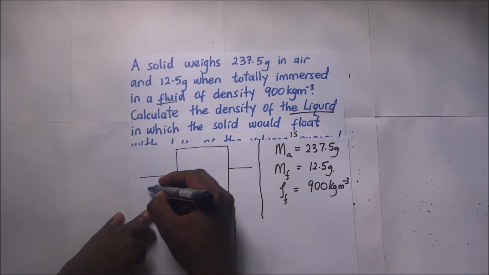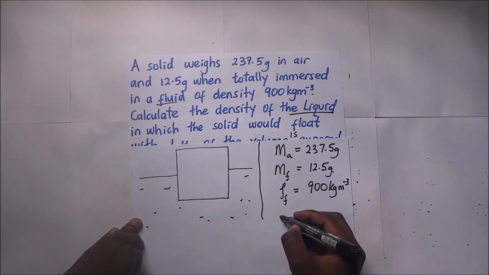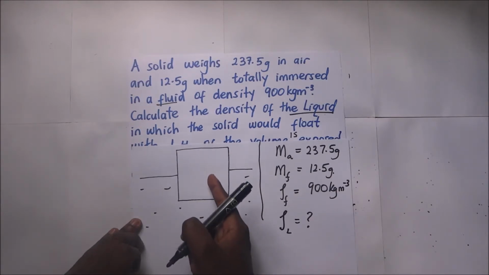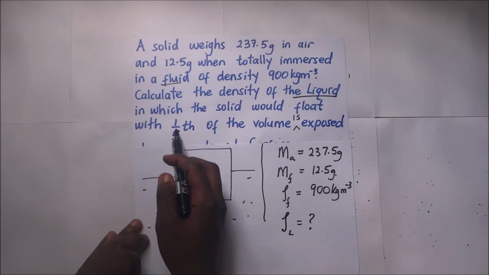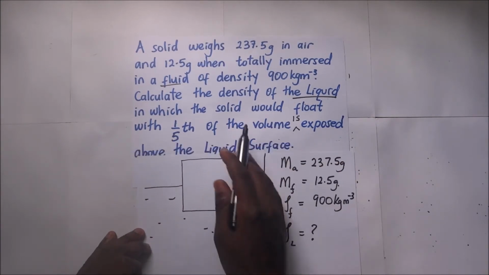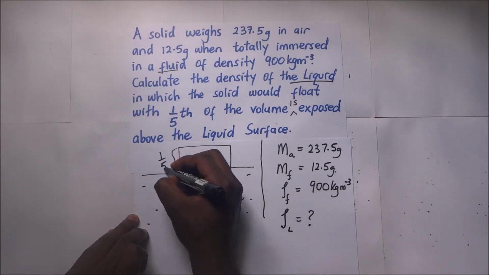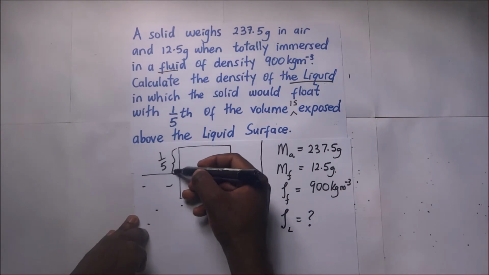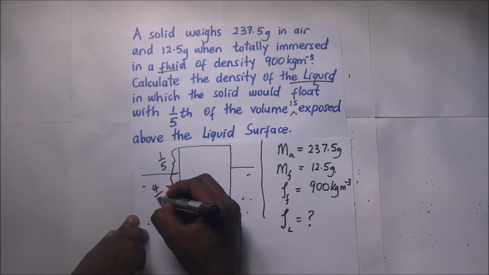So let's say this is the liquid we are talking about. They want us to find the density of the liquid in which this solid would float if it had a fifth of its volume exposed above the liquid. So if a fifth is exposed, what would be the density of this thing? Of course, if a fifth is exposed, it means below here it is 4/5.